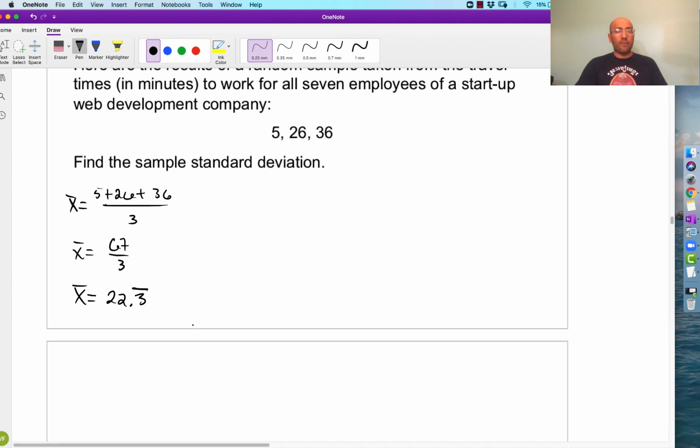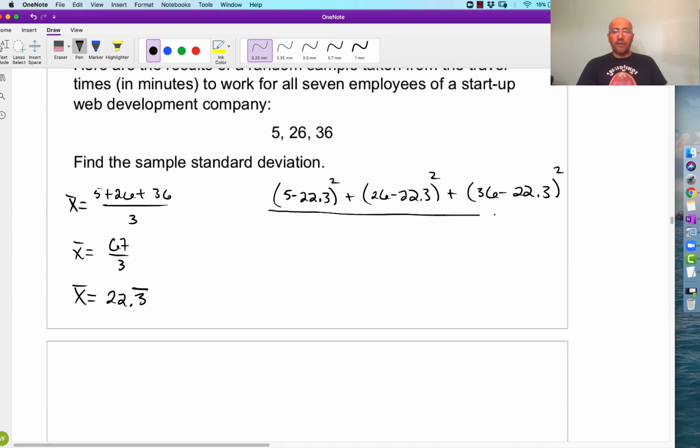Okay, so now we take each one of the values in our list and subtract the sample mean from it. So 5 minus 22.3, parentheses squared, plus 26 minus 22.3, parentheses squared, plus 36 minus 22.3 squared.